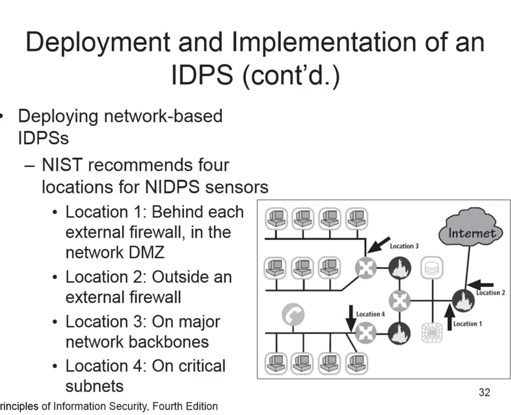Location number 4 is on critical subnets, where the IDS detects attacks targeting critical systems and resources. This location allows organizations with limited resources to focus these resources on the network assets considered of greatest value.